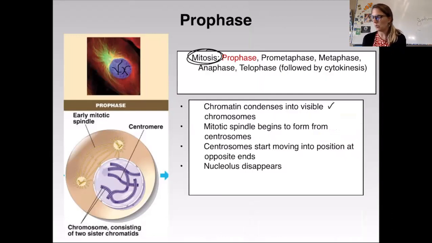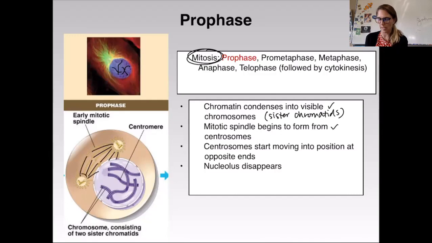Remember, those chromosomes are in the form of sister chromatids because they've been duplicated in S phase of interphase. The mitotic spindle is represented here by these little lines. These are microtubules growing out of the centrosome.